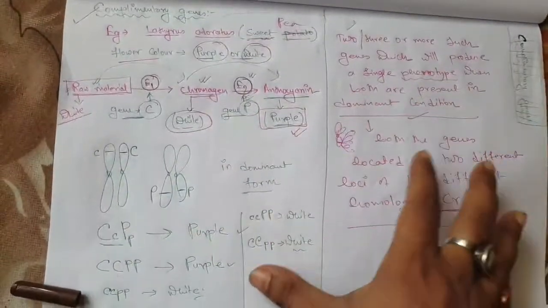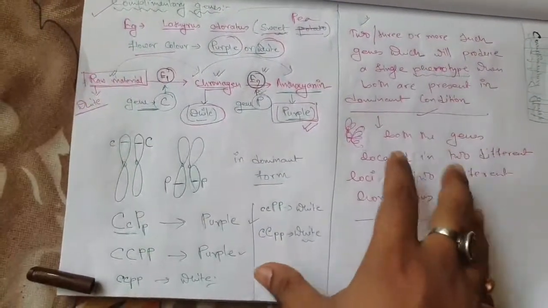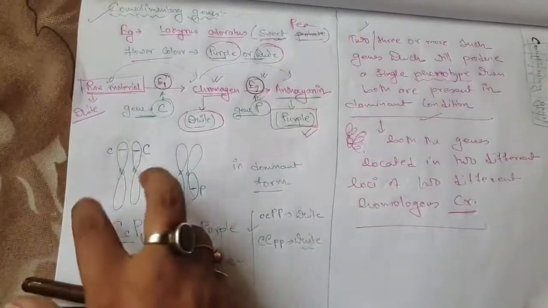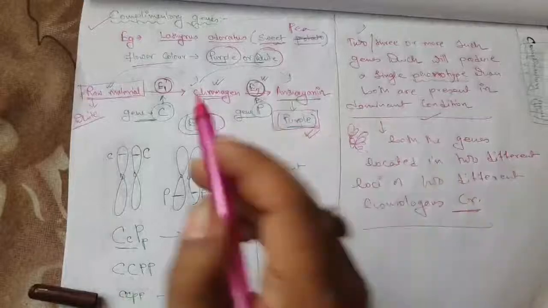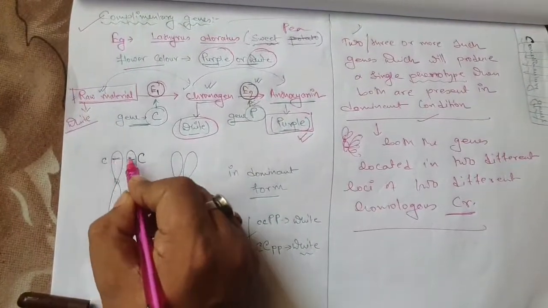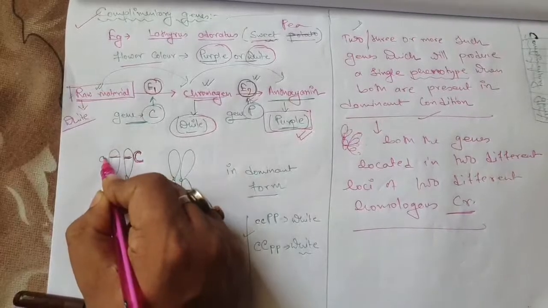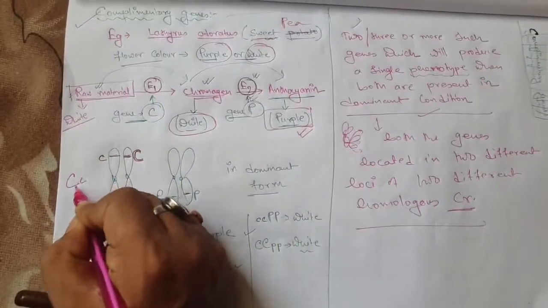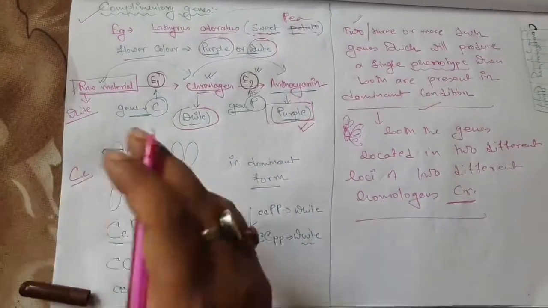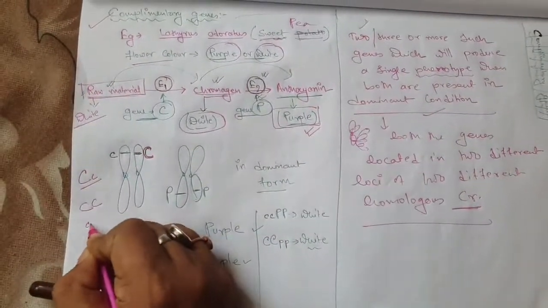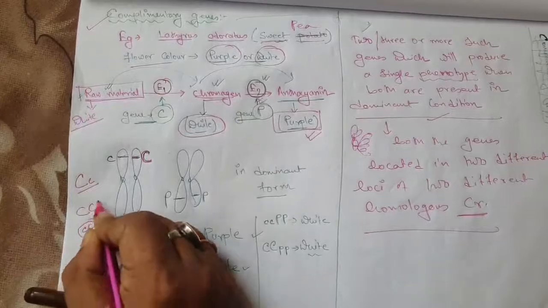Now, what actually happens here is that, suppose two pairs of homologous chromosomes are there. Let the C be located in the dominant form in this locus and in the recessive form in this locus. So the alleles are capital C, small c. It could be capital C, capital C, or it could be small c, small c. These three possibilities are there.